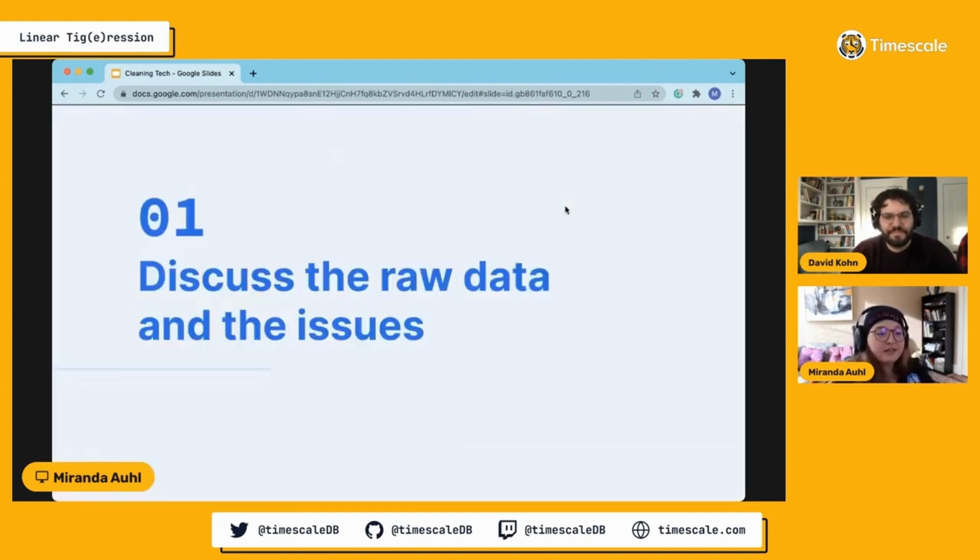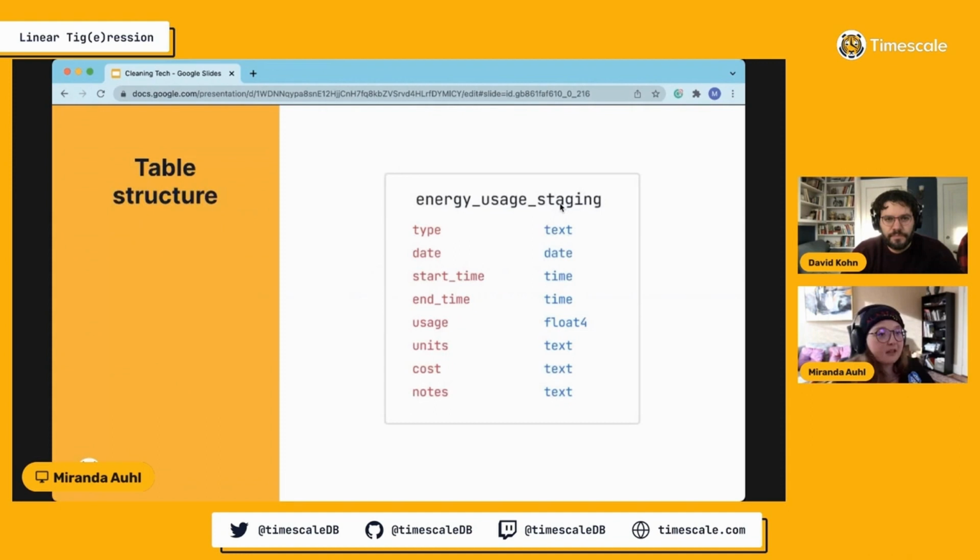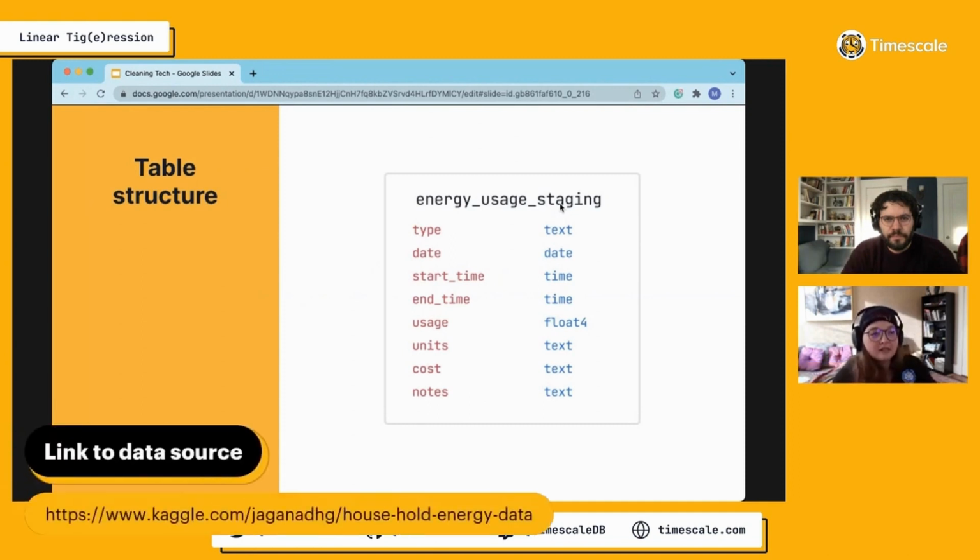First off, let's quickly review the raw data that I'm going to use today. The data is from Kaggle, and this great individual shared energy data from their apartment in San Jose, I believe.